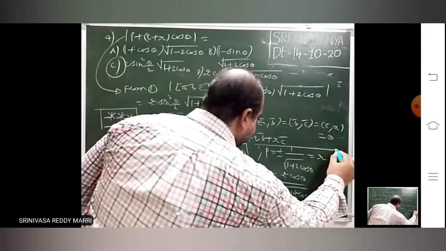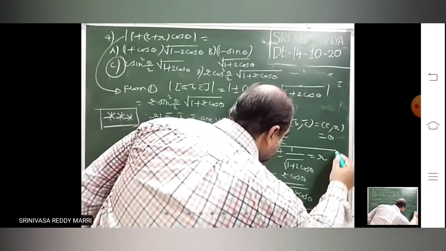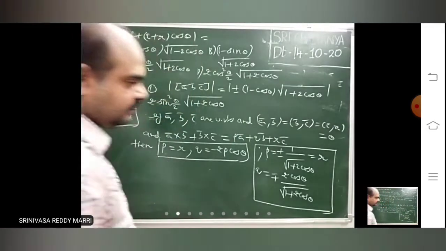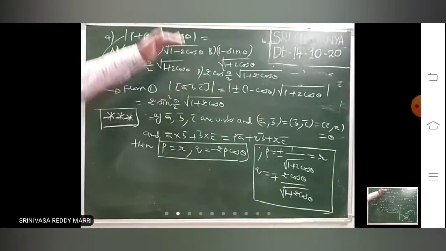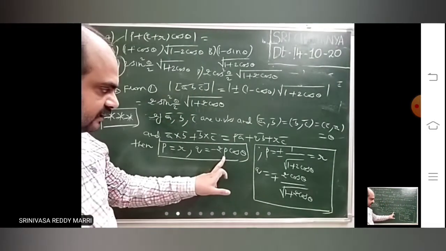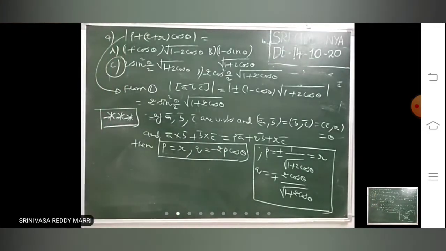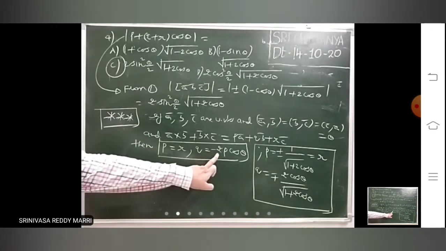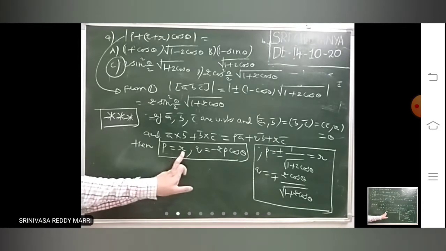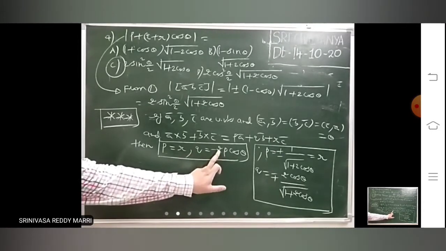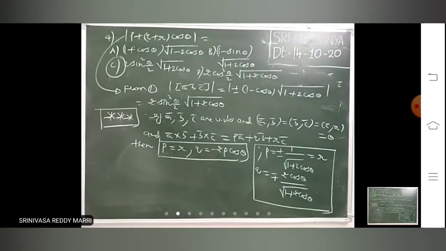This is one set of formulas you have to remember. If you try to remember, try to remember. Otherwise, do it like this procedure, this and this. Especially this relation is very important. P equal to R, Q equal to minus 2P cos theta. This is very important.